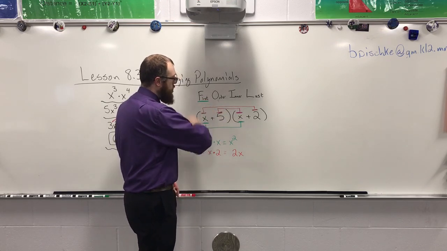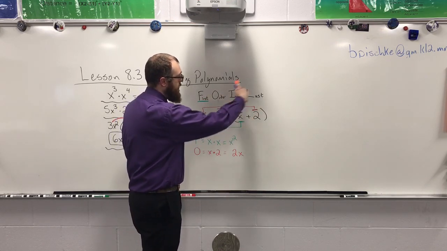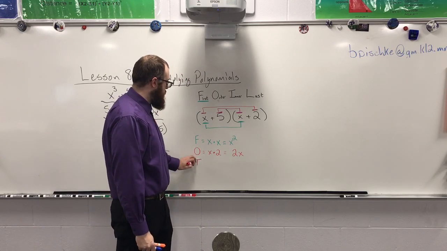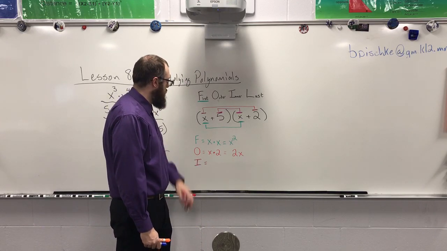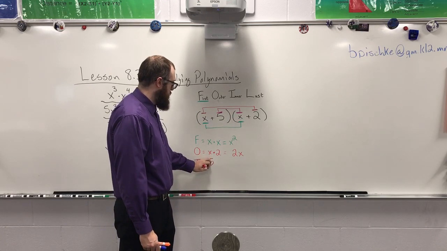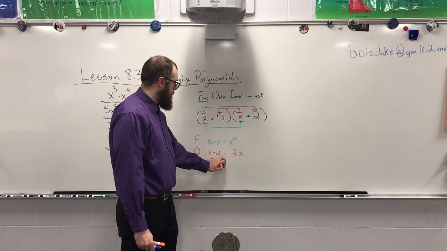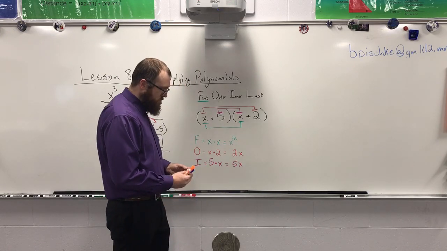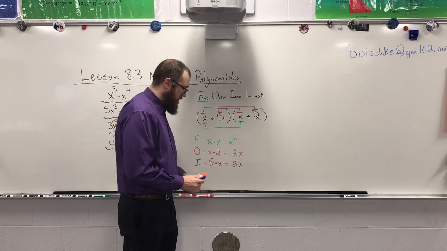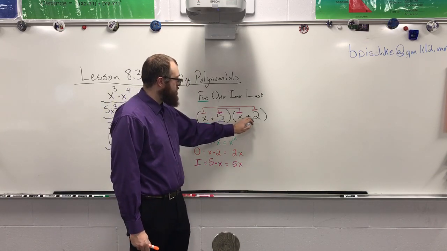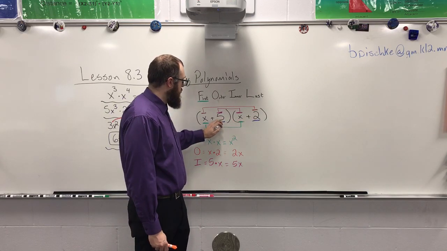Everything from this binomial must get multiplied to everything in this binomial. So our inners, in this case, are 5 times x, which is 5x. And finally, we're going to work with our lasts, which is the last term in each binomial.